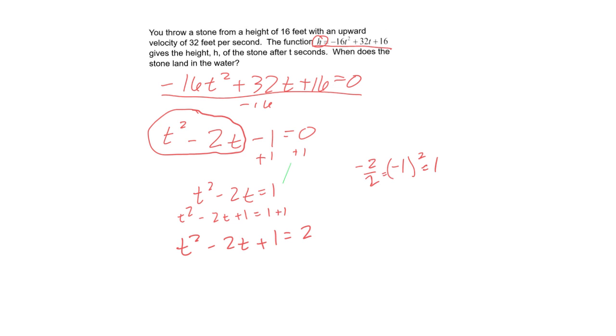Okay, now I have to set it equal to 0. I am not going to move the 2 over to the other side to factor it, because if I do that, I won't be able to factor it. But I can factor it like this, because this is a perfect square and this is a perfect square. So (t minus 1) squared equals 2.